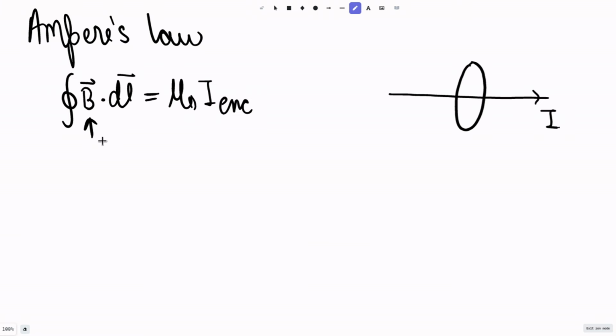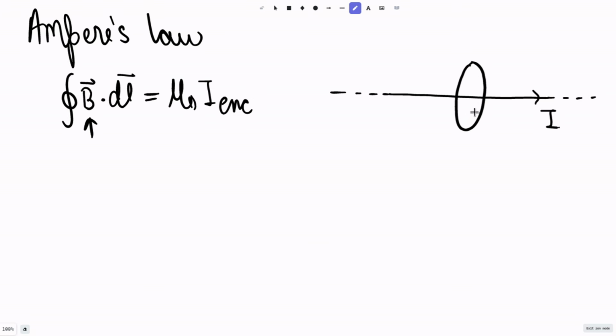So for that, what we do is we usually take cases where it is symmetric, where we can take the B out of this and we usually only integrate dl, and that will give us B. We usually have this in the case of a straight conductor which is infinitely long. Let's say this is a straight conductor which is infinitely long.